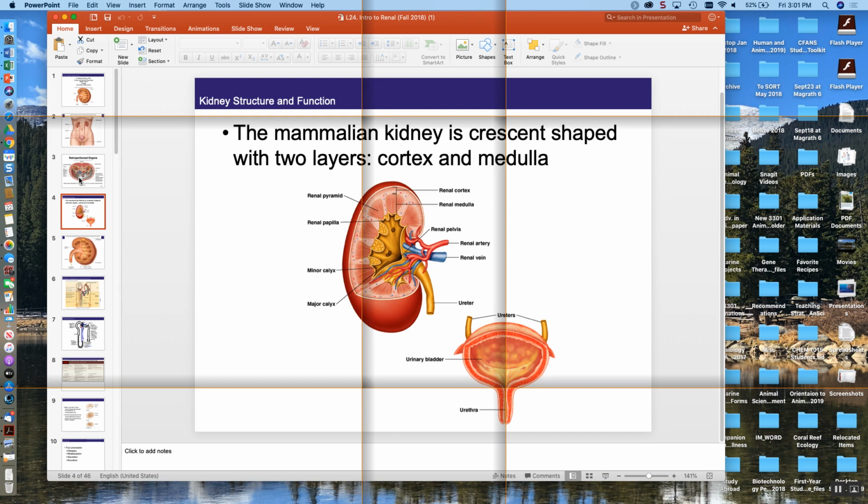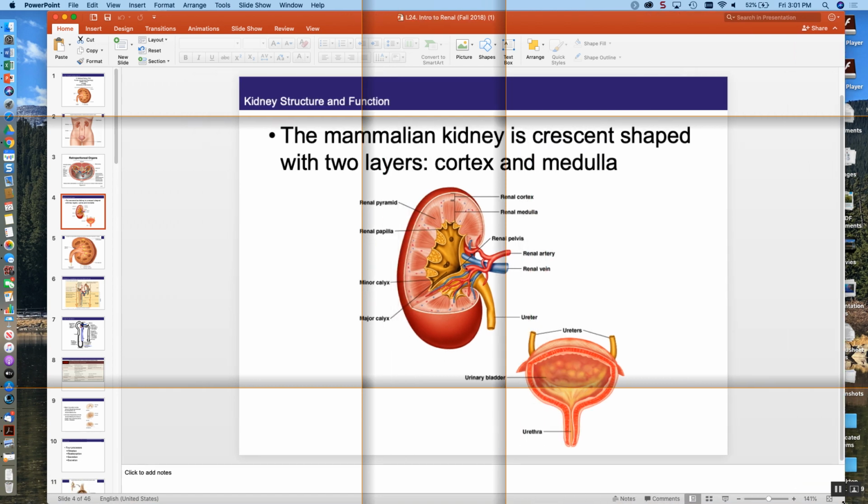The other thing that I really want you to know is the general anatomy of the kidney itself. What you have here are the major differences between the cortex region and the inner medullary region, the medulla. The cortex is this outer part here, the lighter shaded area, really towards the outer capsule of the kidney.